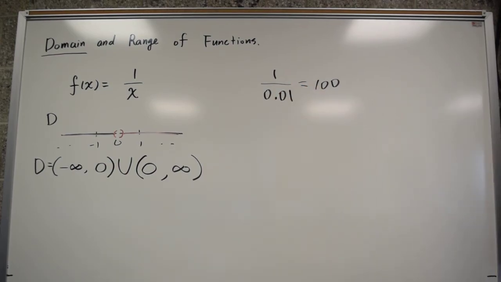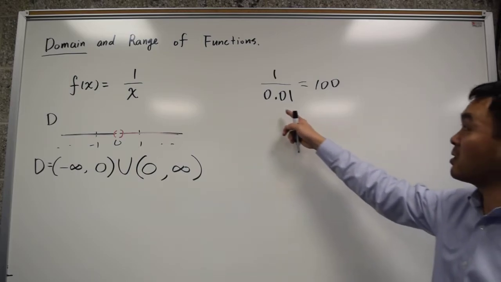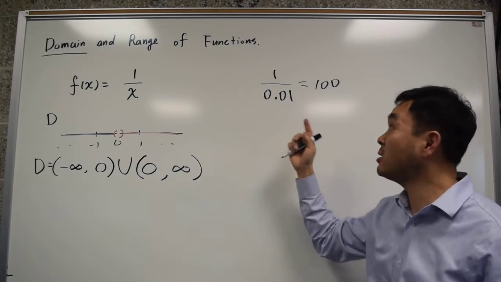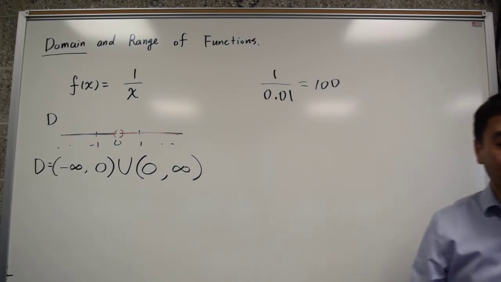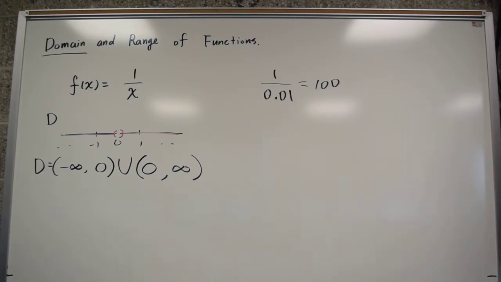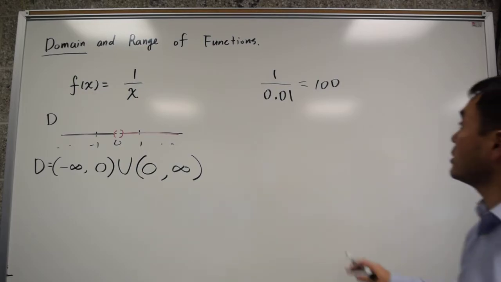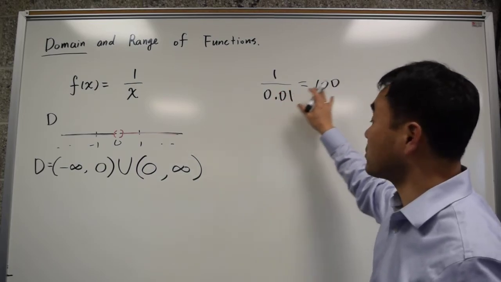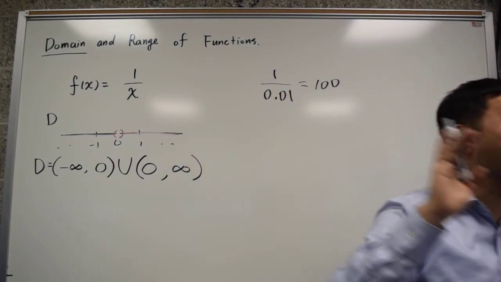And you can see that you can put other numbers, 0.001, 0.0001, and so on and so on. Those can be plugged in, and that way you can get any number that you want that's positive, right? Now let's think about a negative number.